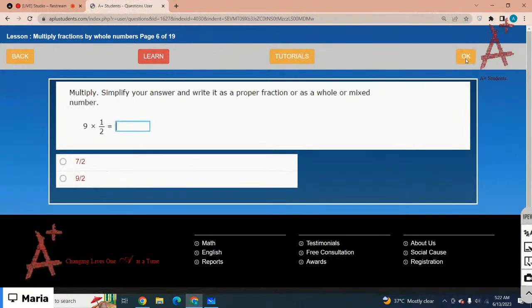Okay, multiply 9 times 1 over 2. So which is the correct option? So it would be, very good, that would be 9 over 2.